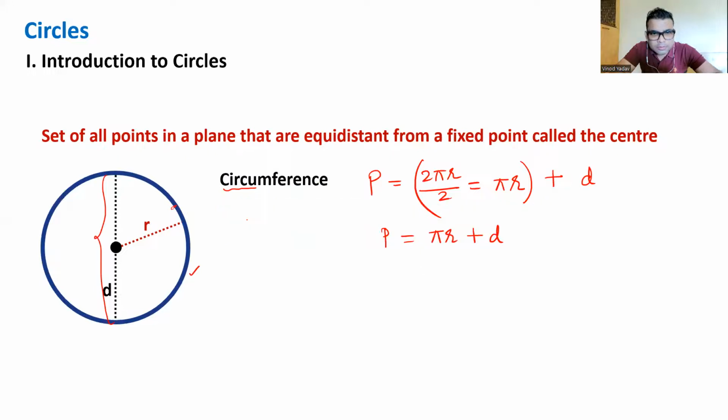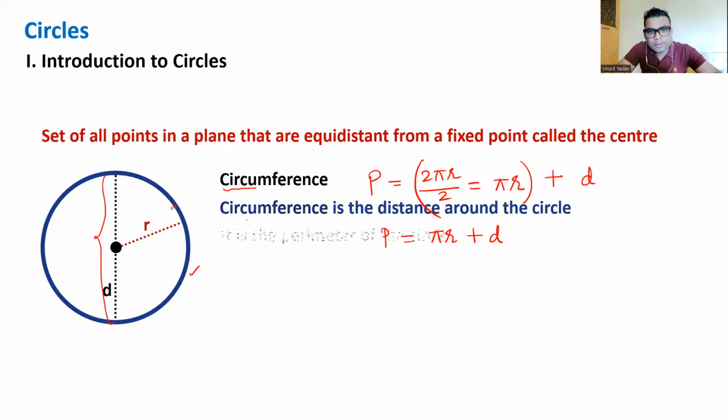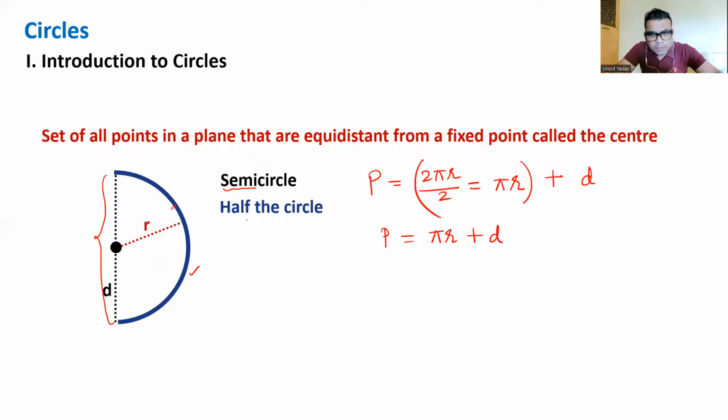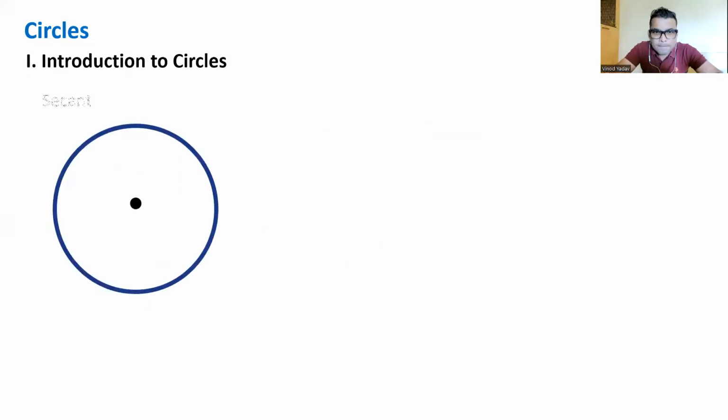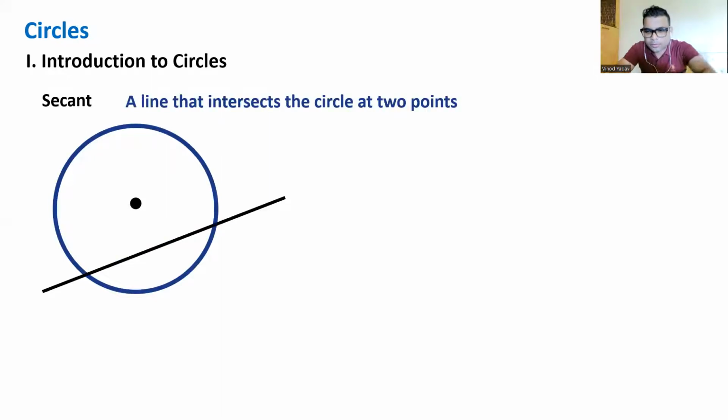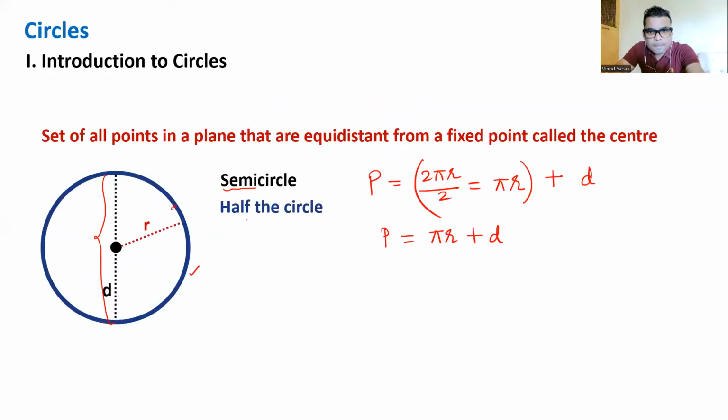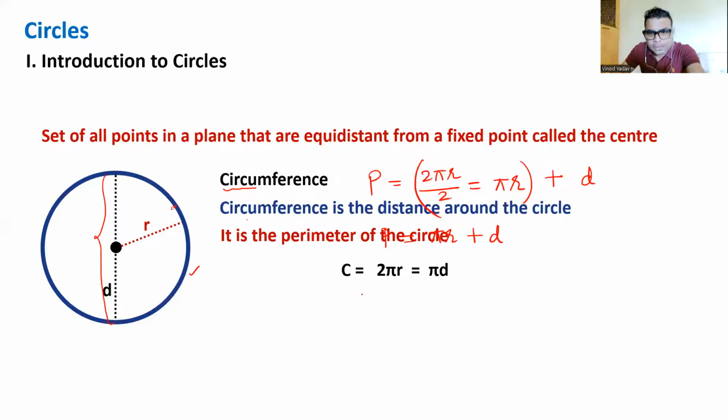Till now we have not discussed area. The area of the circle is pi r square. In terms of diameter, r is half of the diameter, so the area is pi d square upon 4.